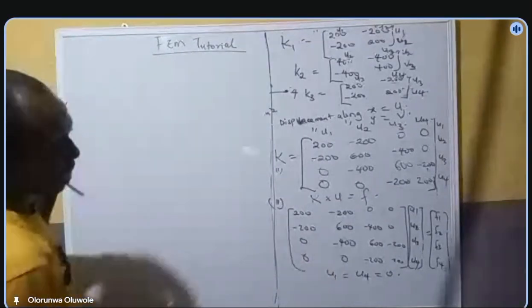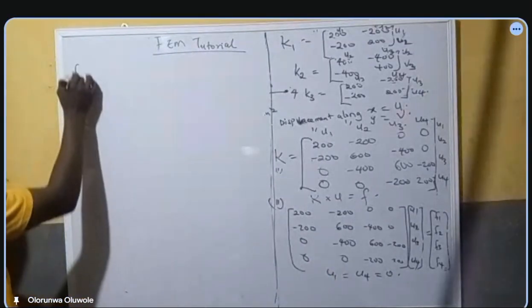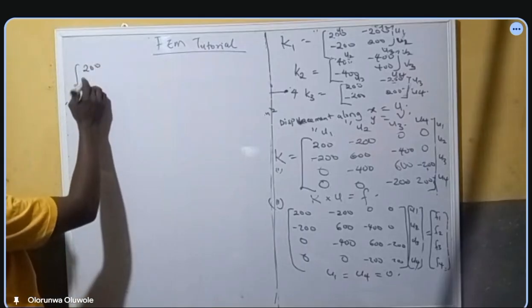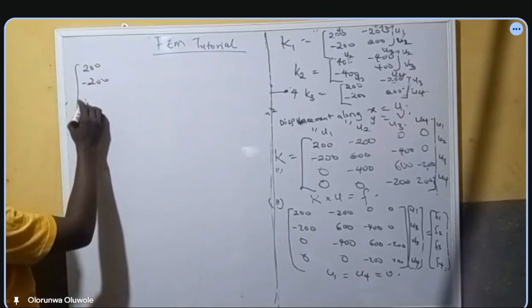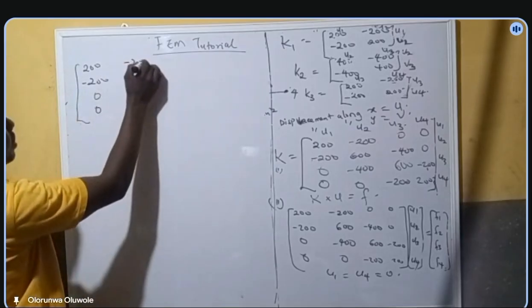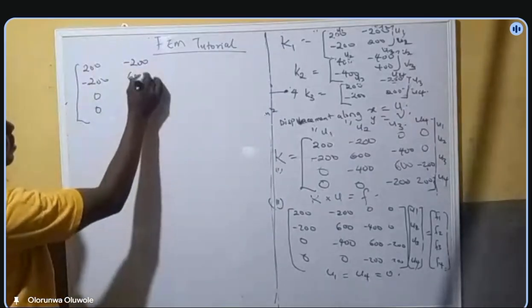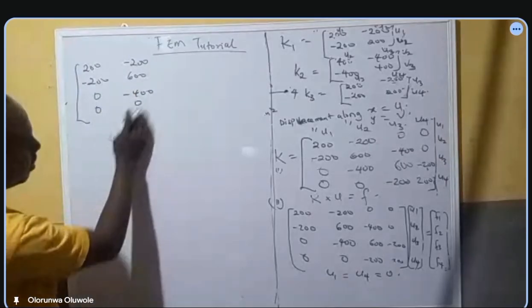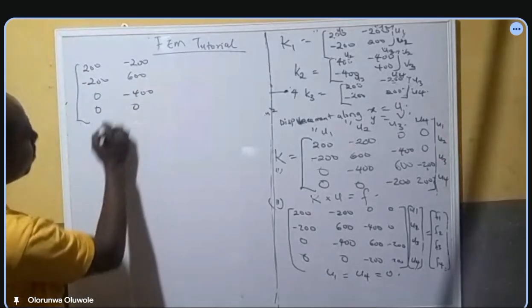Now, applying the boundary condition, we are going to have 200, minus 200, 0, minus 200, 600, minus 400, 0.